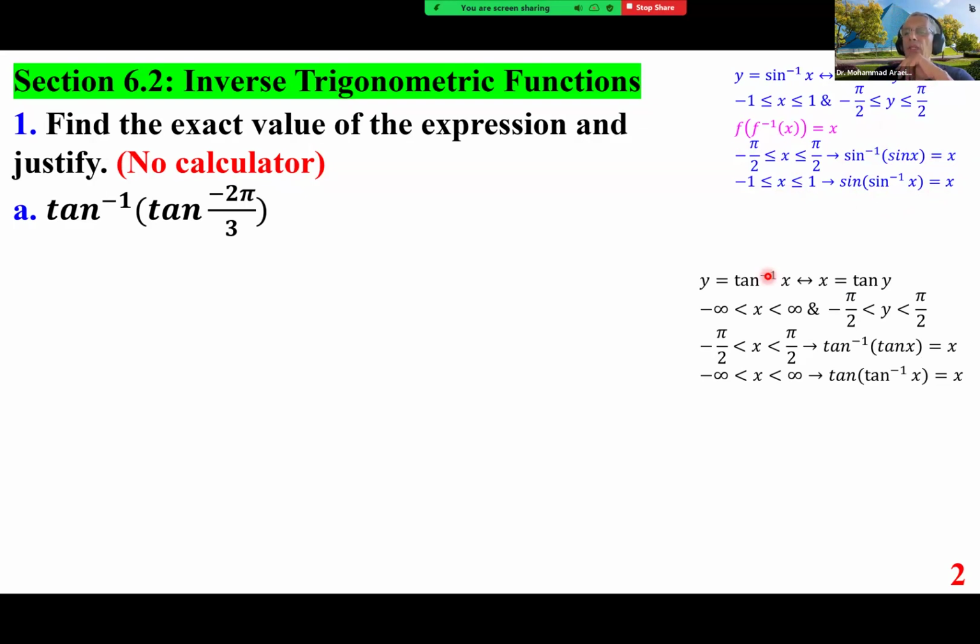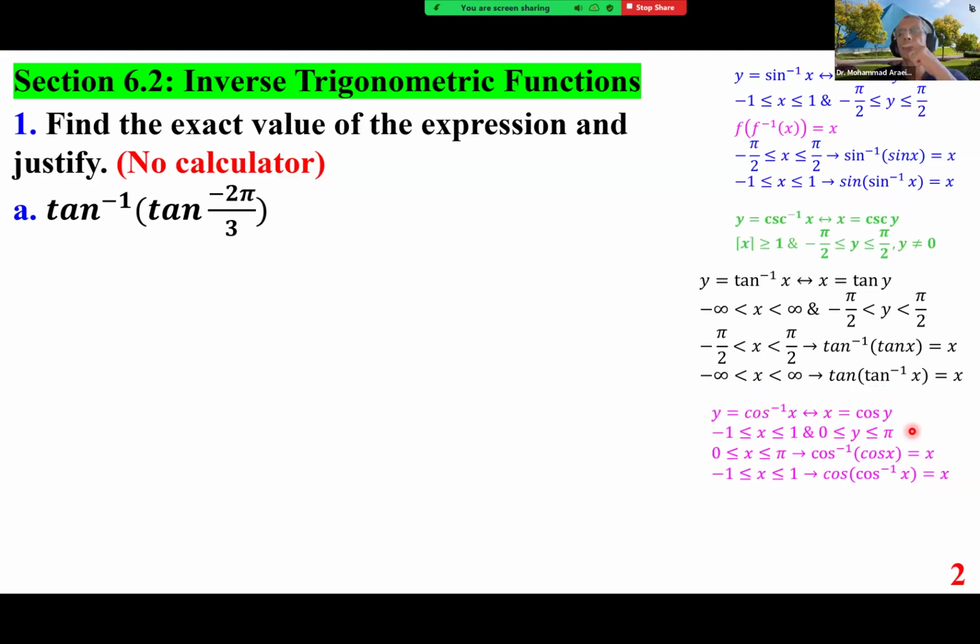For tan, we did the same thing, between negative pi over 2 and pi over 2, however, the endpoints are not included. For cosine, the limitation was from 0 to pi. Cosecant is 1 over sine, so we put the same limit as we did for the sine.